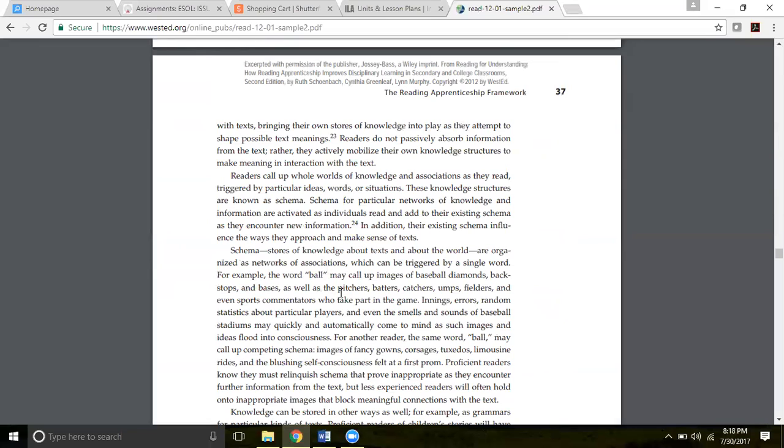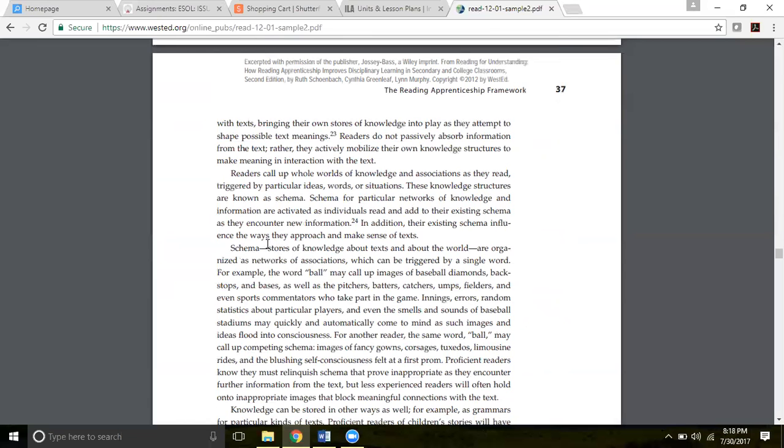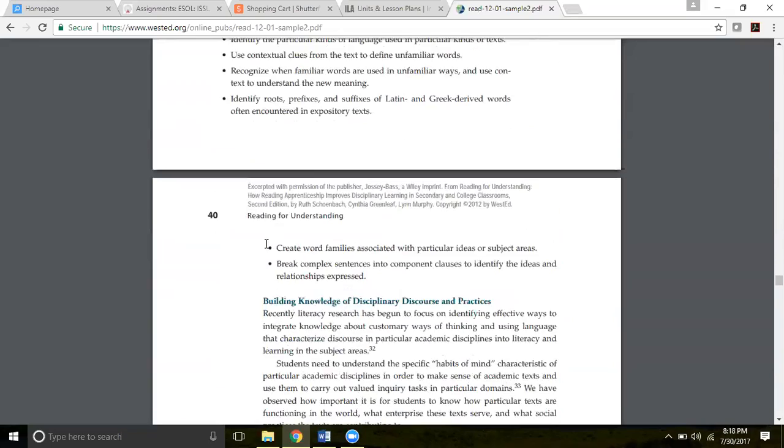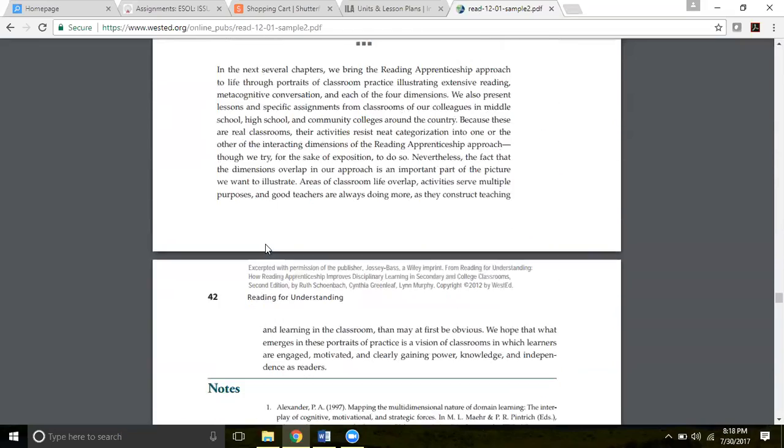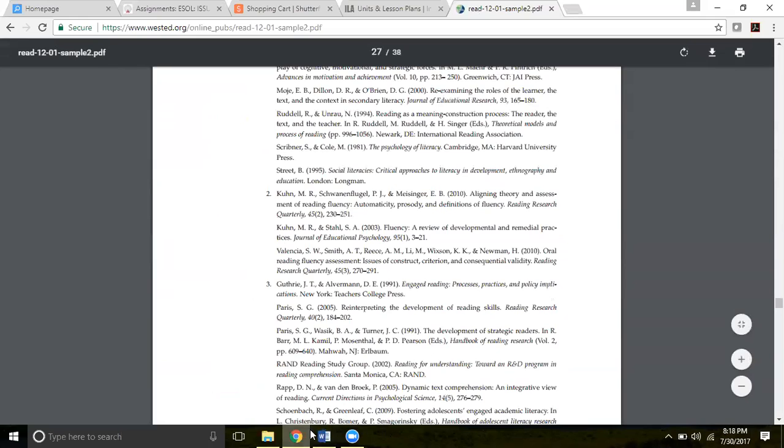It's our association, our schema. So that's really based upon schema building. And then it'll go through and talk about particular knowledges that we have. So some things that you definitely want to think about, once again, are our prior knowledge or our schema building, things we already know, and our scaffolding. Let's go ahead and go through. Lots of good stuff there.